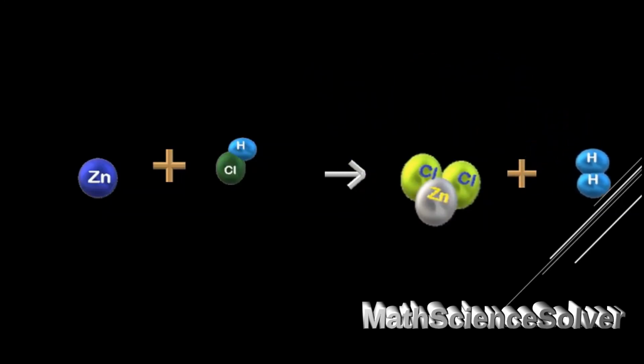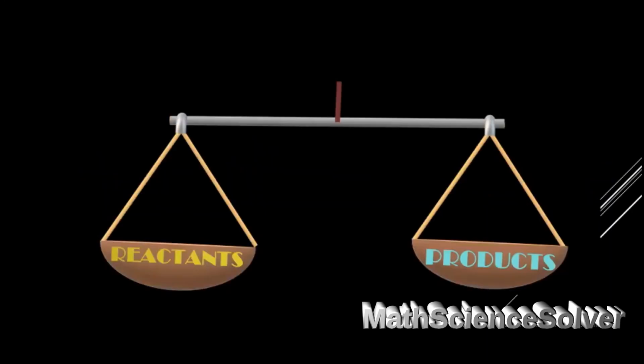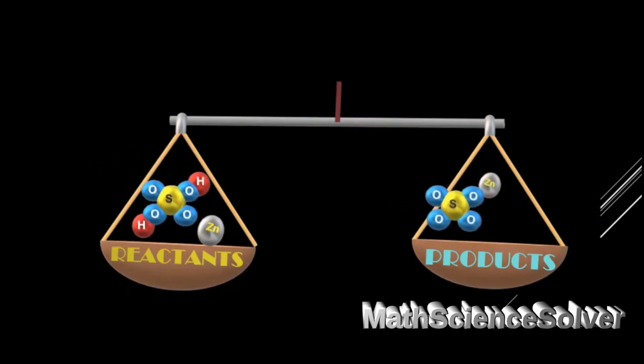It's not balanced. Now you add one molecule of hydrochloric acid on the reactant side. Now it is balanced. In the next example, zinc combines with sulfuric acid to give zinc sulfate plus hydrogen gas.